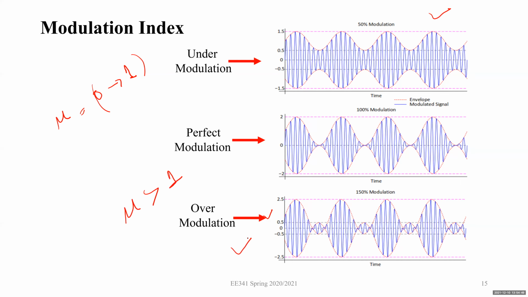Here you see this part is lost. This is perfect modulation when mu is equal to 1. Here this is also fine when mu is less than 1. So this is acceptable, but over modulation is not acceptable.